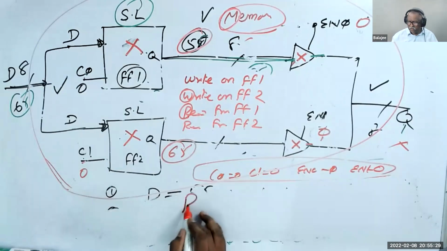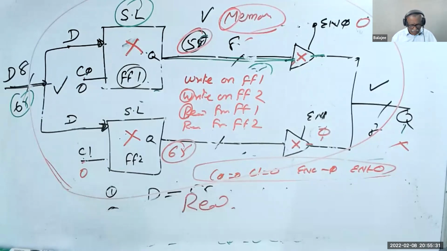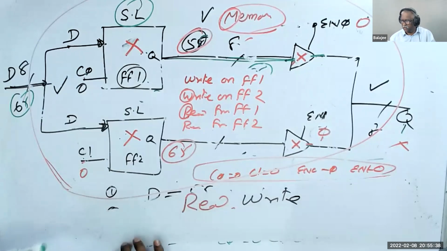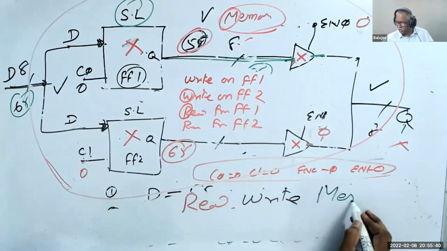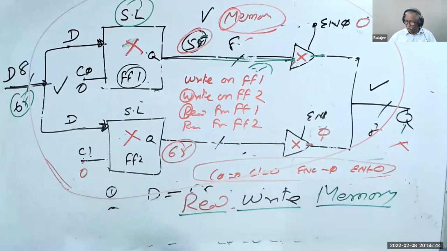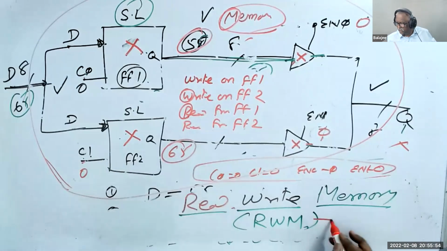Read, write, and memory. Read, write, memory. If you shorten it, it should be called RWM. But unfortunately, engineers have called it, by mistake, a RAM.